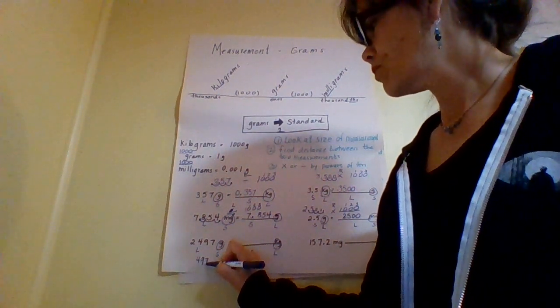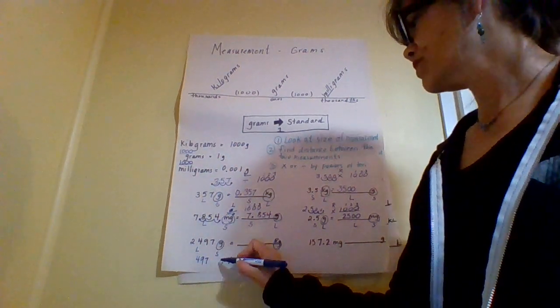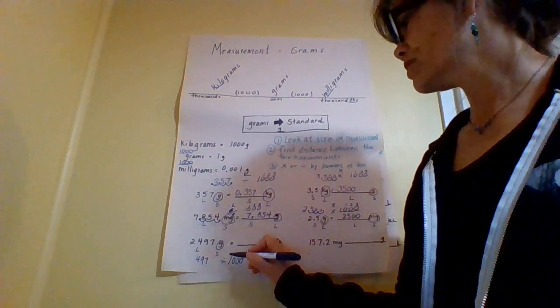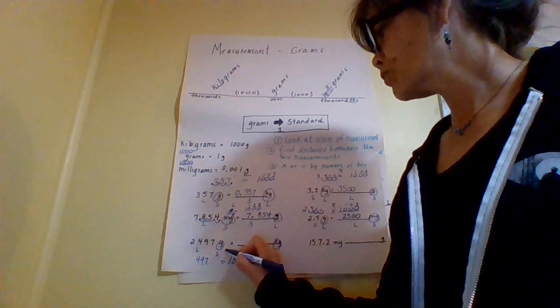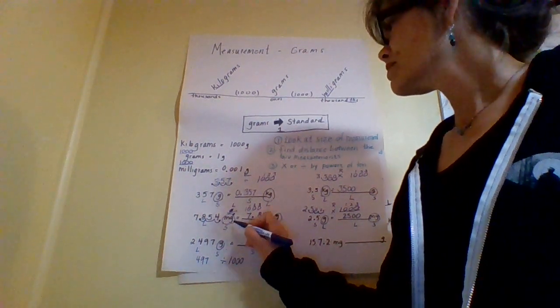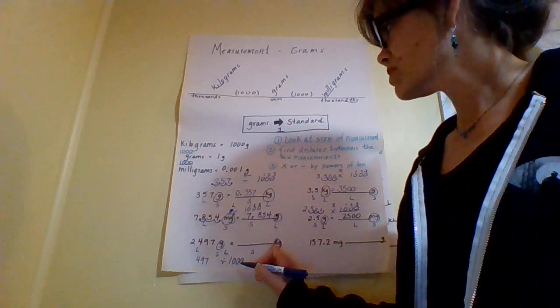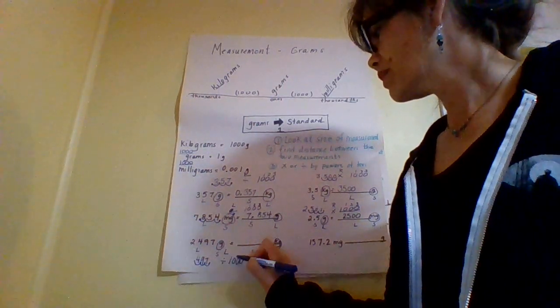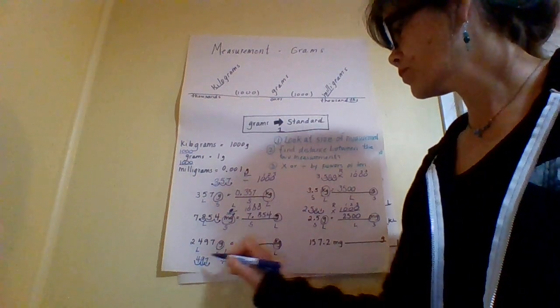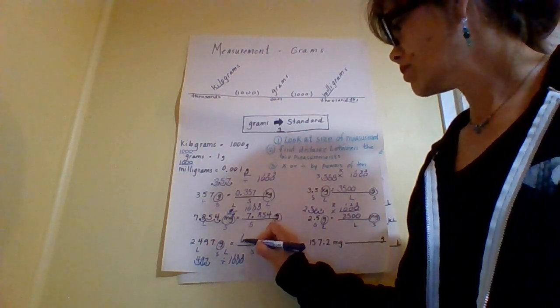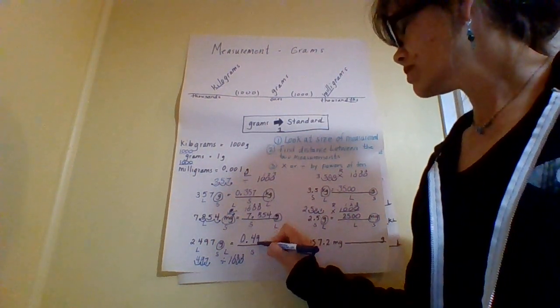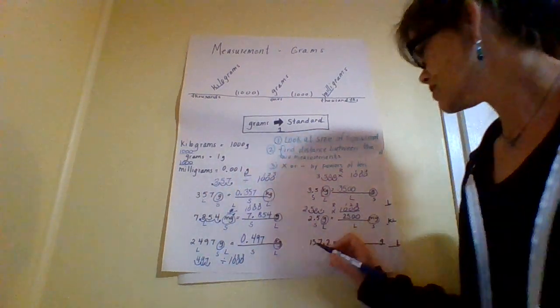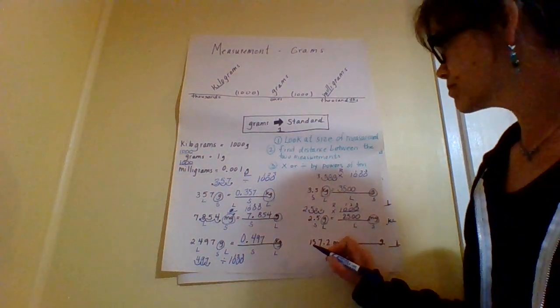So here we go. 497 divided by 1,000. Divided means the number's going to get smaller. Smaller means the decimal is going to the left. Ready? 1, 2, 3. Because we see 1, 2, 3. Here we go. 497 thousandths.